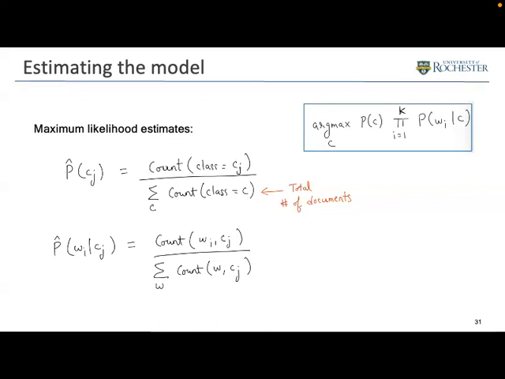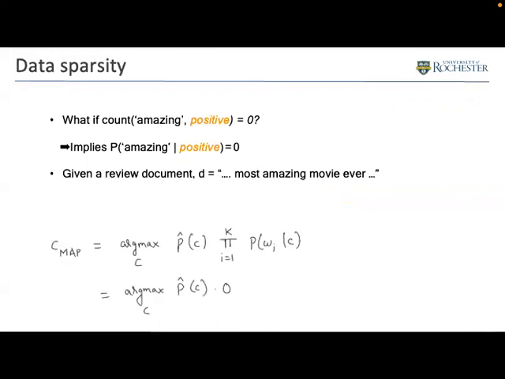That is how we represent P(C) and also P(word|C). Given these two formulas, with maximum likelihood estimation, we can finally get our naive Bayes.